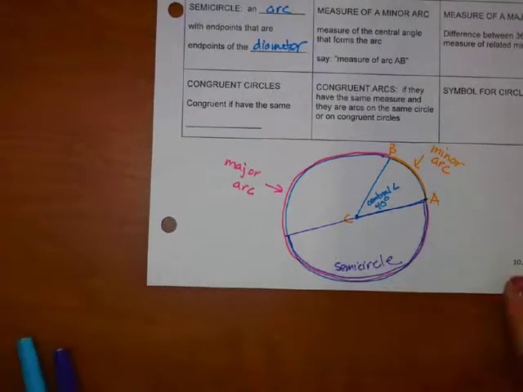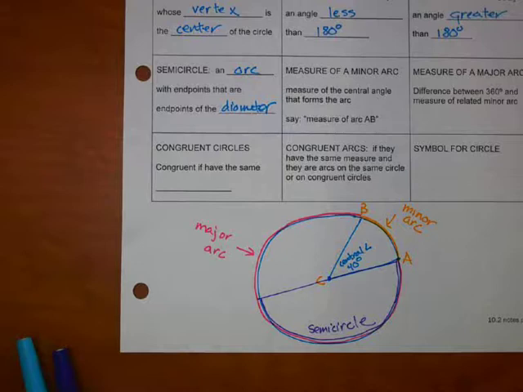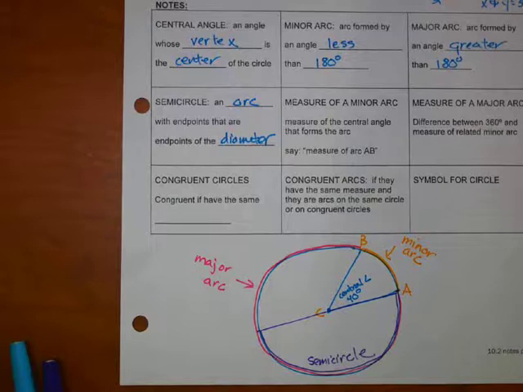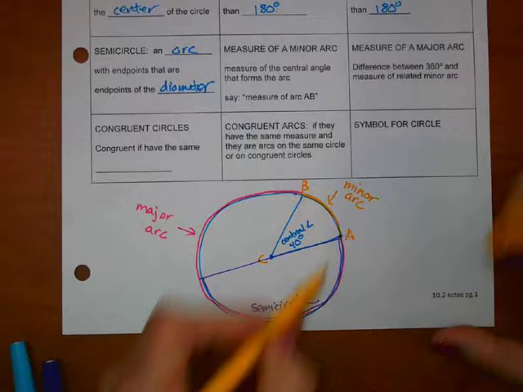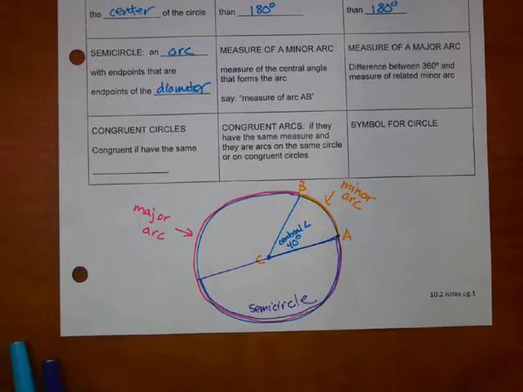Okay. The measure of a minor arc. We call it the measure of the central angle that forms the arc, and we say the measure of arc AB. So down here, this is arc AB, and this is how you would write it.